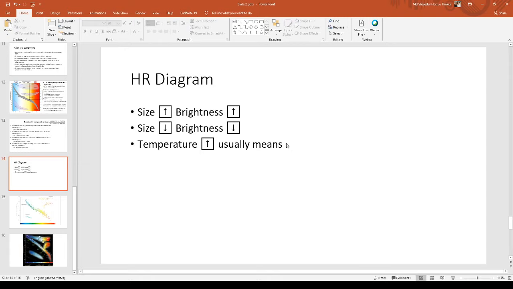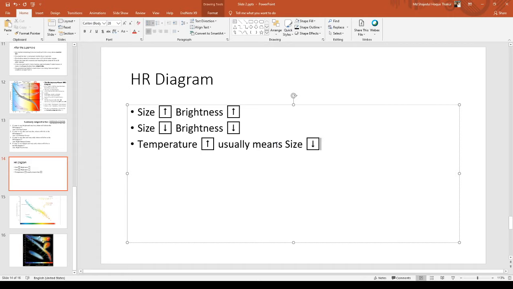High temperature usually means, not always, usually means small size, and also vice versa.